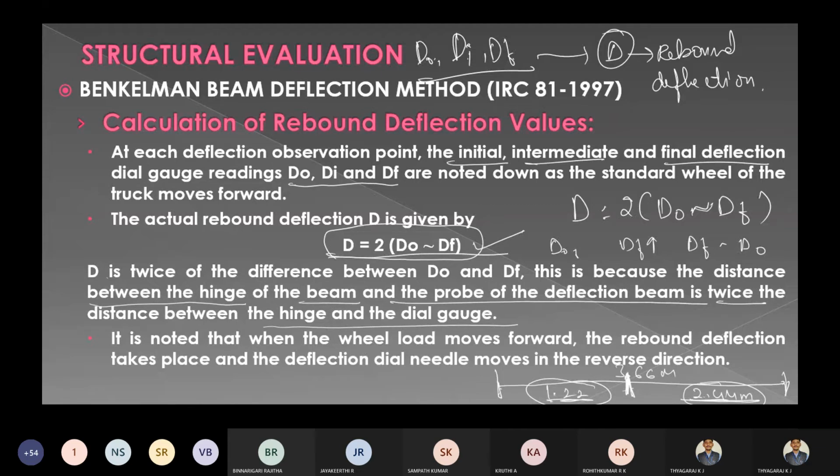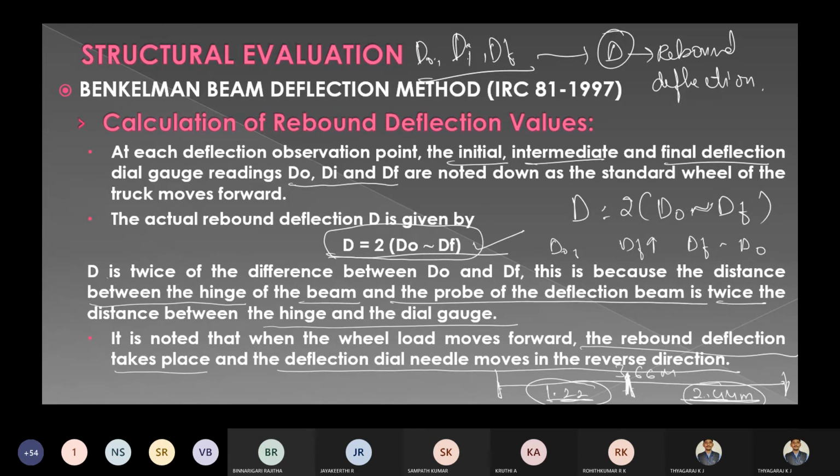And it is noted that when the wheel load moves forward, rebound deflection takes place and the deflection dial needle moves in the reverse direction. So in this BBD study, we will be measuring the rebound deflection. Again, I'm telling, from the starting class also I told, in the BBD studies we will not be measuring the actual deflection. We will be measuring the rebound deflection. So the same point has been written here. In the BBD studies, we will be recording the rebound deflection rather than the direct deflection.